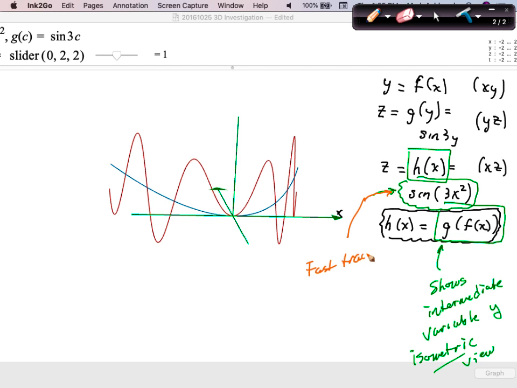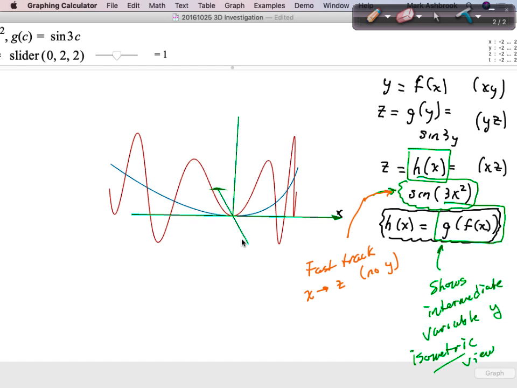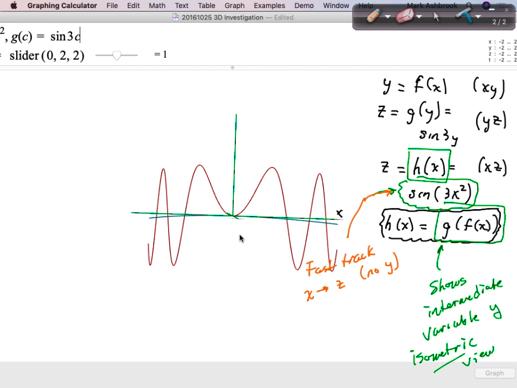It takes you right from X to Z, without the intermediary variable. That's the fast track version, right? Just takes an X, gives the corresponding Z, without any hoopla about Y.